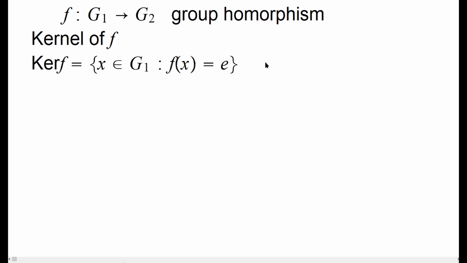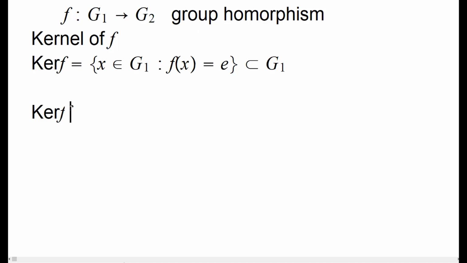We will just have our symbols generally self-explanatory. So when we say f(x) equals E, that means the identity in G2. This of course is a subset of G1, and you can easily see that this is not only a subset of G1, it will also be a subgroup of G1.